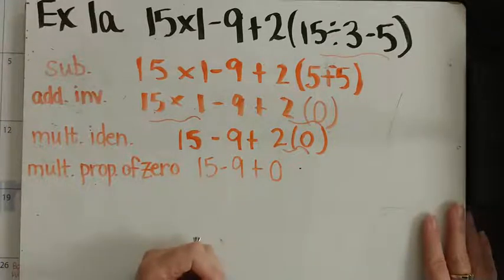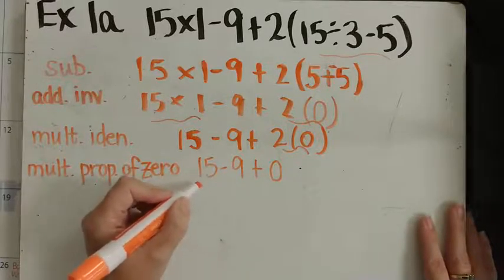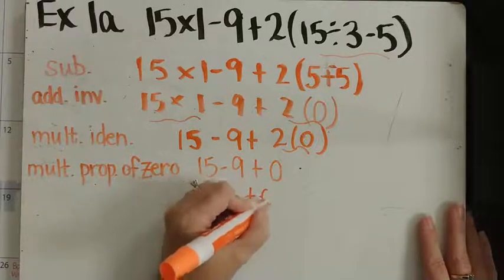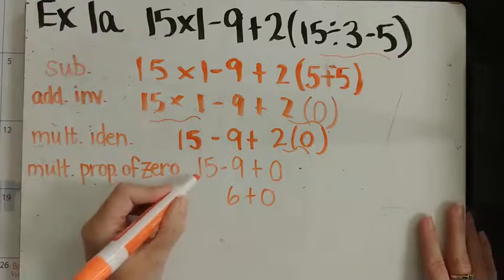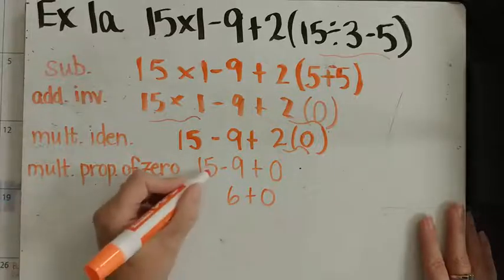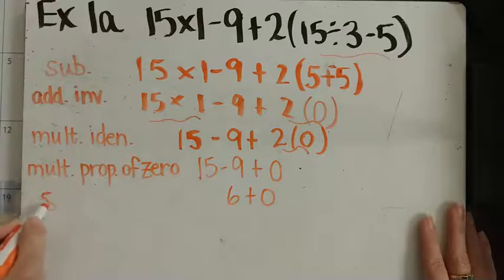Next, let's go on. We have 15 minus 9 plus 0. 15 minus 9, we're going to do first because we're working left to right, and we end up with 6. There's not a specific property that fits this scenario. We came up with 6. So what did we do? We simplified it, which is only substitution.